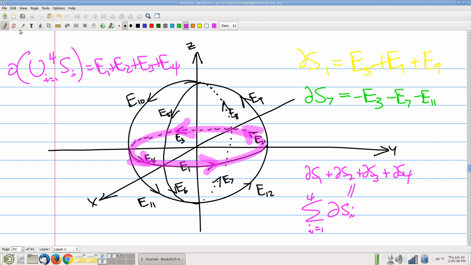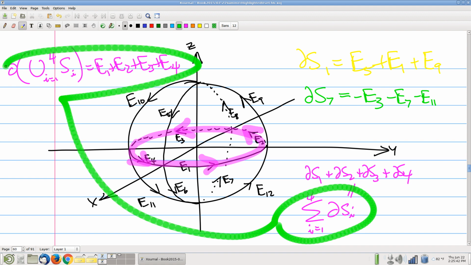And you want to confirm that this is equal to that. Pretty good. So we made the observation in the section that boundaries accumulate. This is just a manifestation of boundaries accumulating, and we did it sort of in the abstract. And this is just a real, concrete example of that working out.